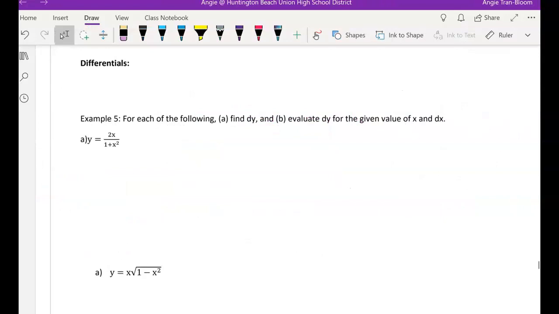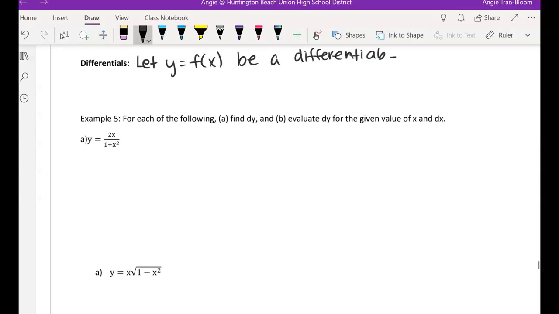With differentials, let's define that really quickly. Let y equal f of x be a differentiable function.